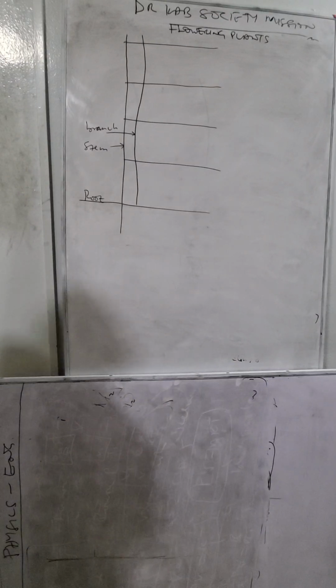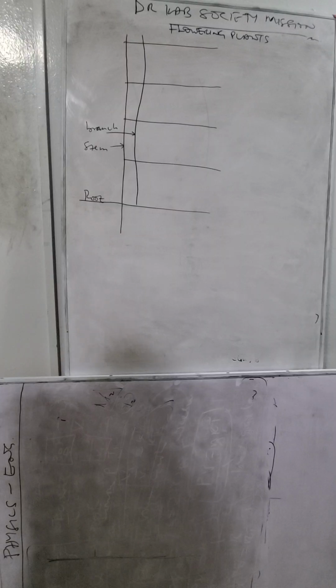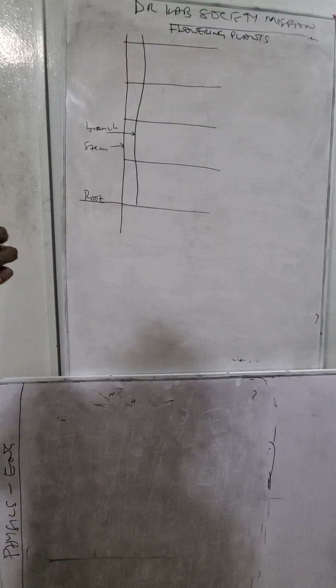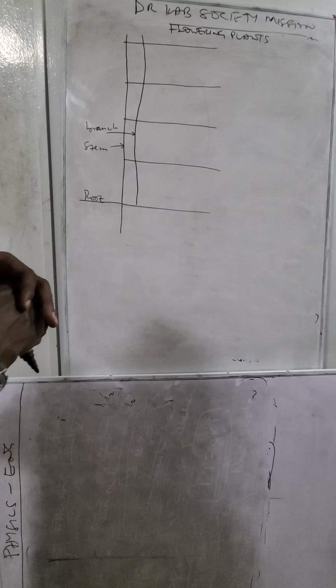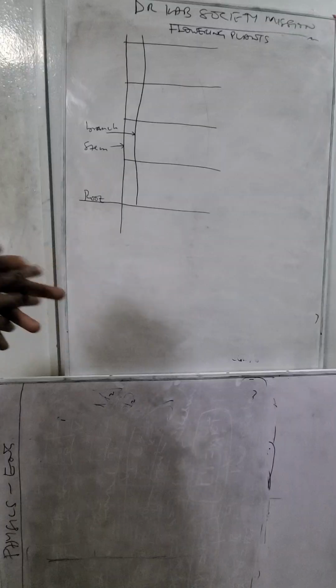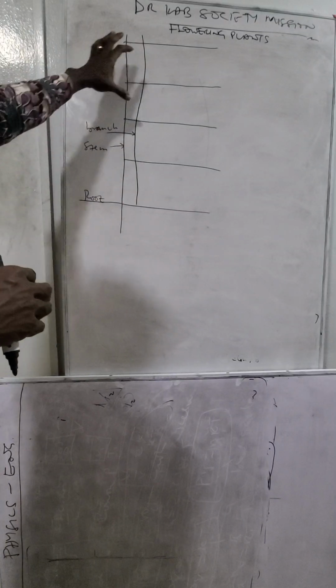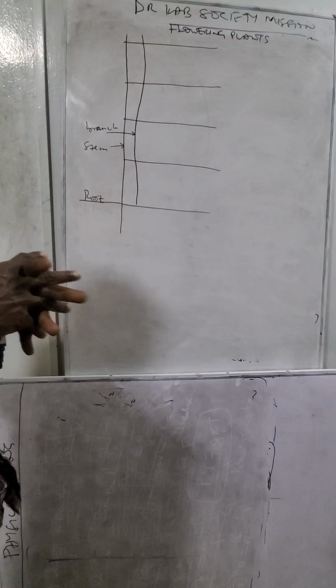Now, I'm going to start with biology, but just a recap of the salient points, or the points that you should take note of when you are reading. We'll look at a simple way to remember the points when you're studying flowering plants.